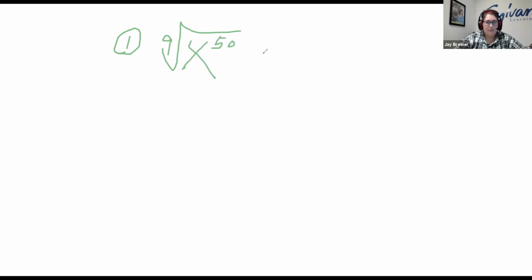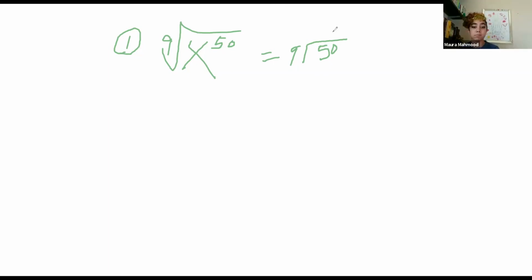All right, so the approach you want to use for this one, you basically want to take the inside exponent and divide it by the outside root. So how many times is 9 going into 50? 5. Yep, 5 times.